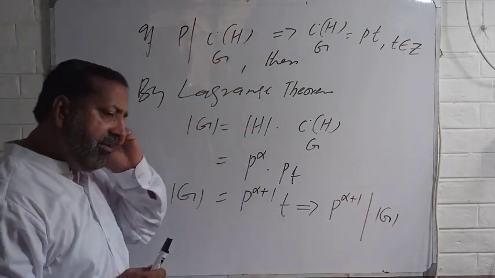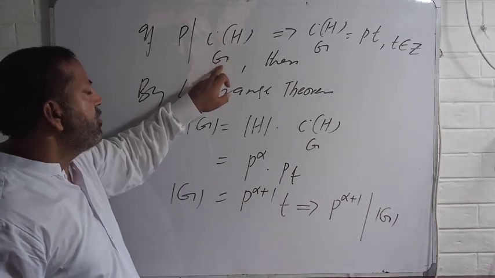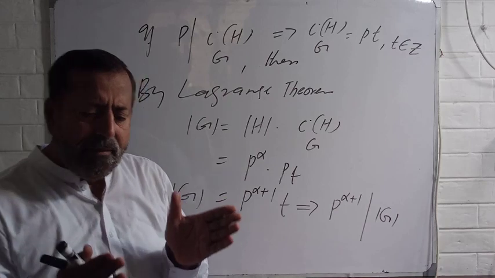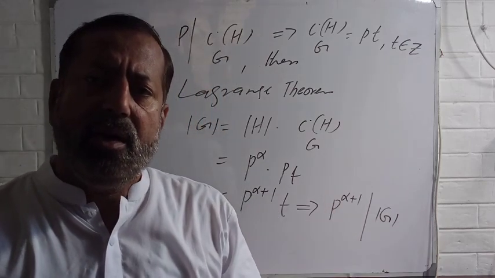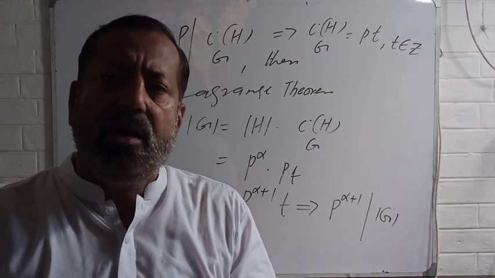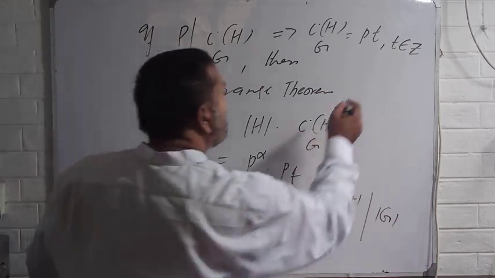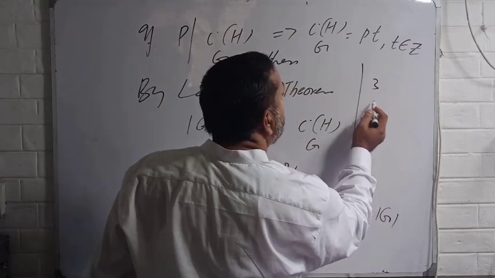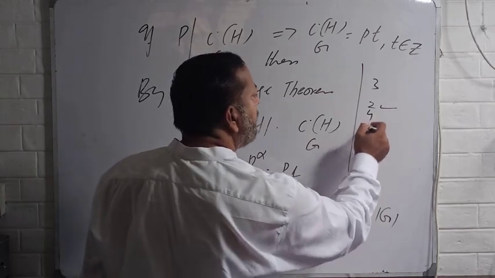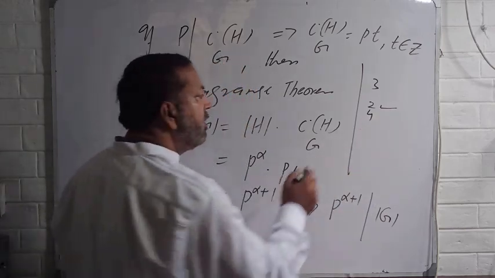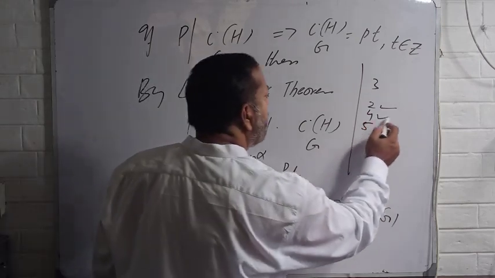So we have shown that if p divides the index of H in G, then there is a contradiction. You know that with a prime number, any other number is either relatively prime to p or p is a divisor of that number. You can check. Fix some number, say 3. With 2, both are relatively prime. 4, 3 and 4 are relatively prime. 5, 3 and 5 are relatively prime.